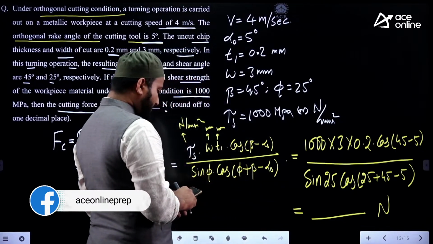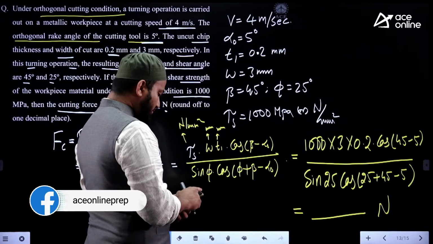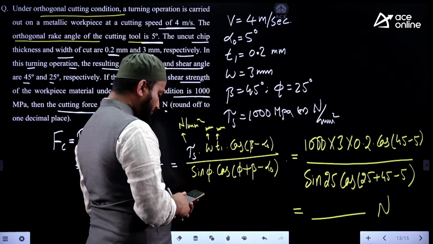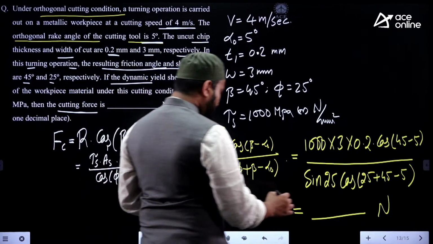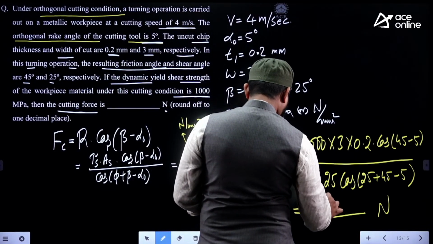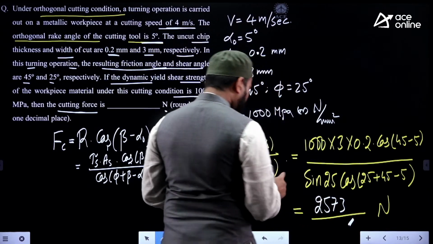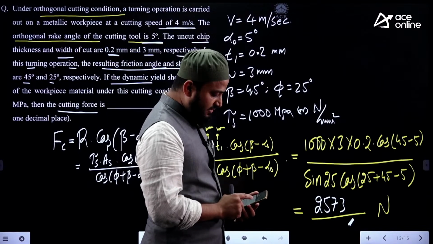So if I calculate, I think it's 2573 Newton. Right? Check it once if I am correct or not. Someone.